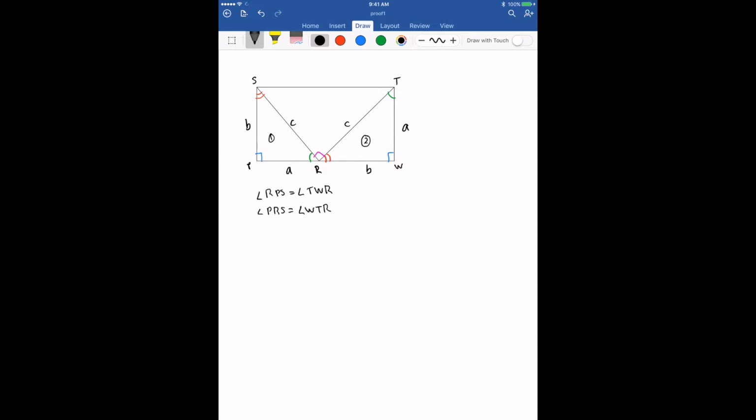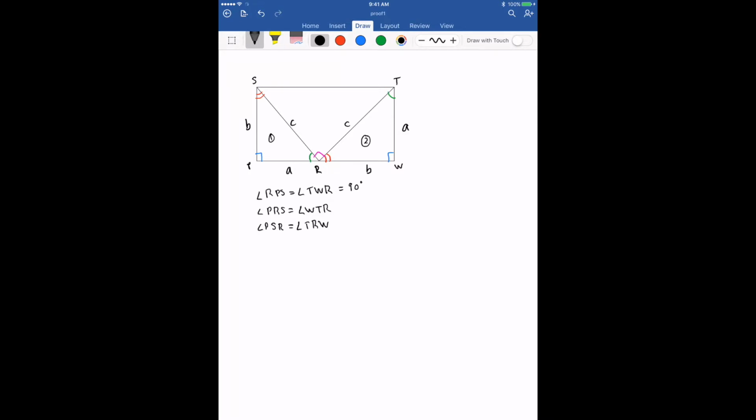And the red angle in triangle 1, angle PSR, is going to be equal in triangle 2 to angle TRW. Now, we know that angle RPS and TWR in triangle 1 and triangle 2 are both going to be 90 degrees by construction.